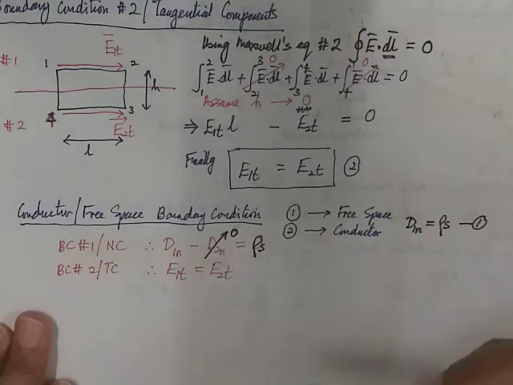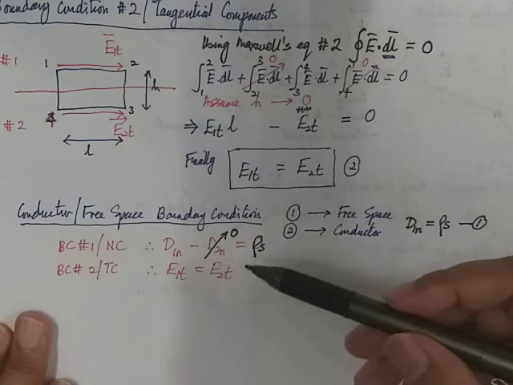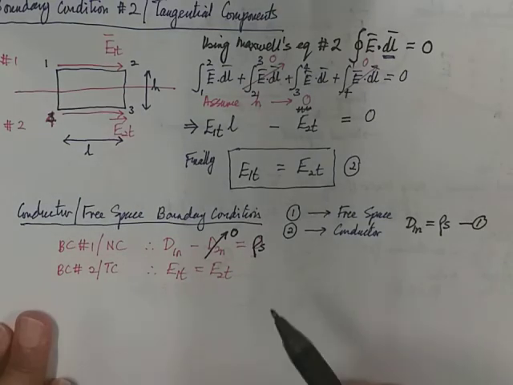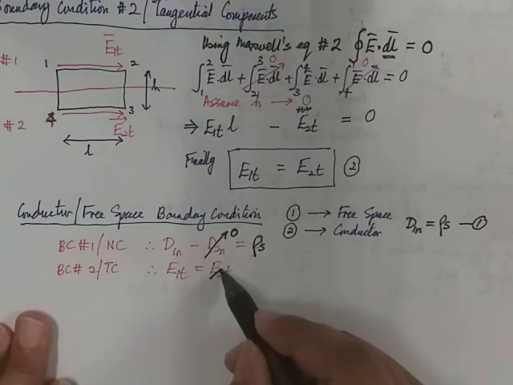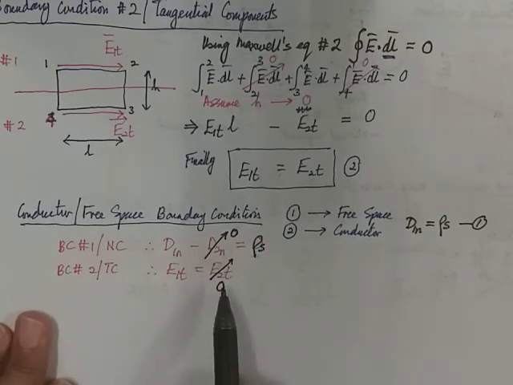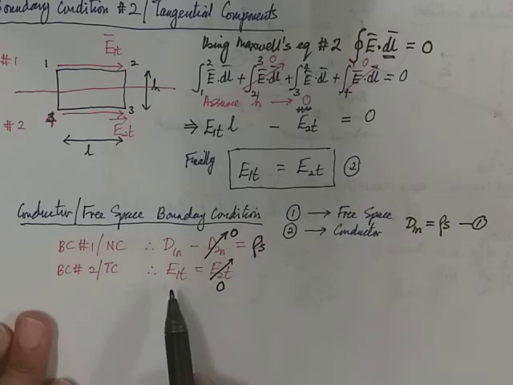And again, using the properties that I mentioned up here, inside the conductor, the E is equal to 0. Therefore, this term must also be equal to 0, correct? Since E2t equals 0, E1t must also be equal to 0. Do we agree on that? Good.